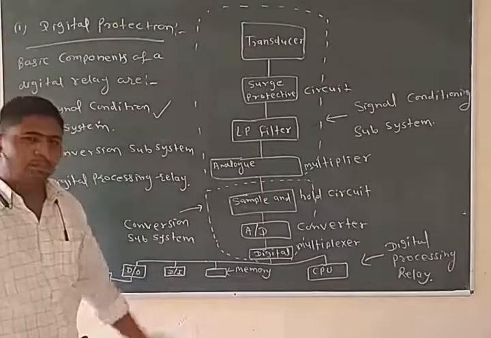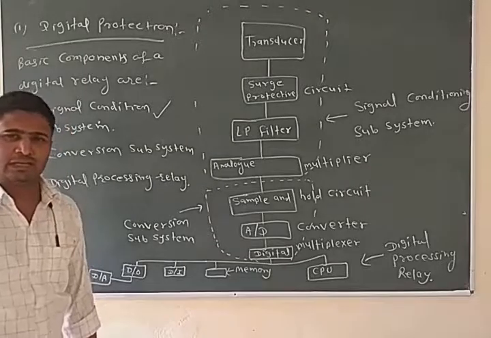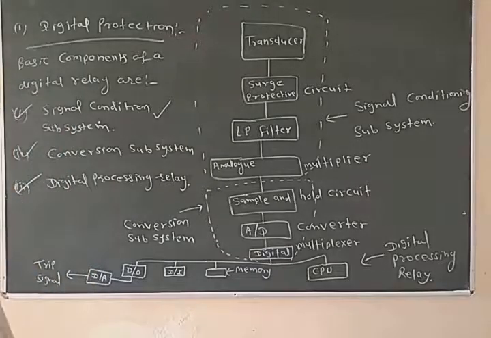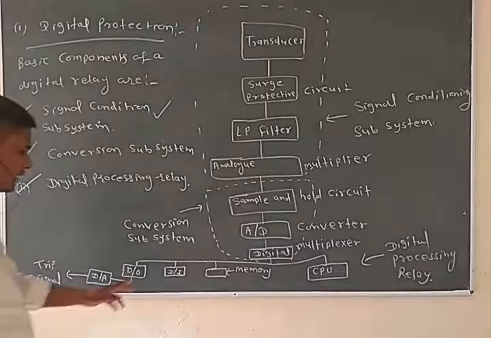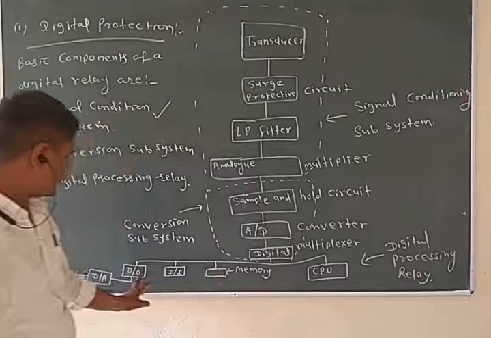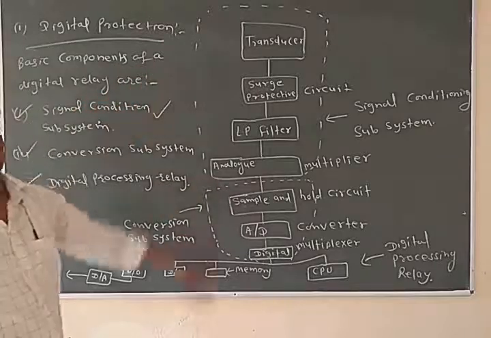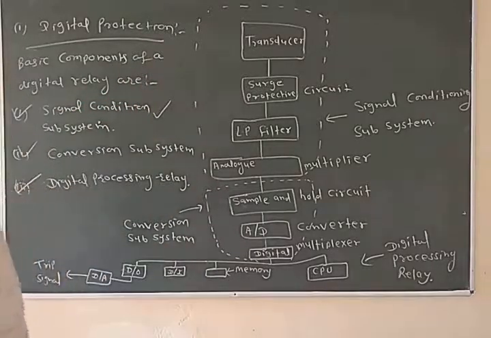In the third subsystem, the digital processing relay, the components are CPU, memory, digital input, and digital output to the trip signal. So these are the parts of a digital protection system. Now we discuss each component.